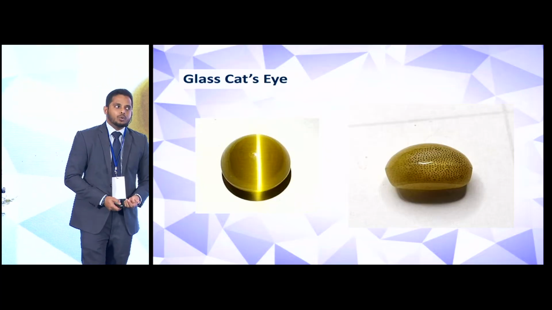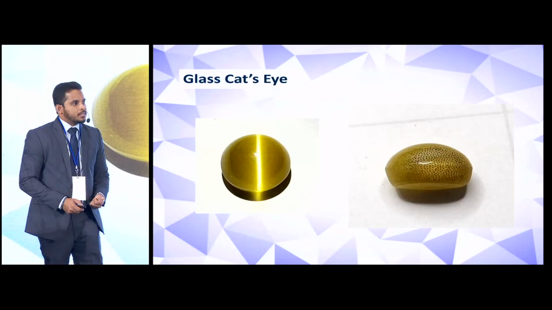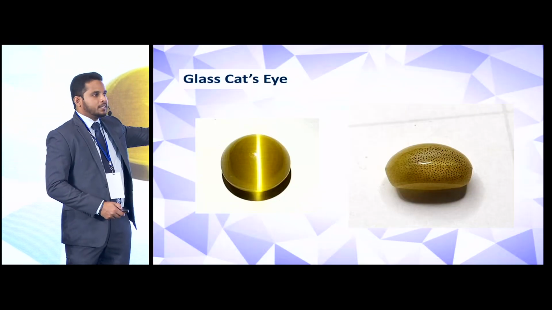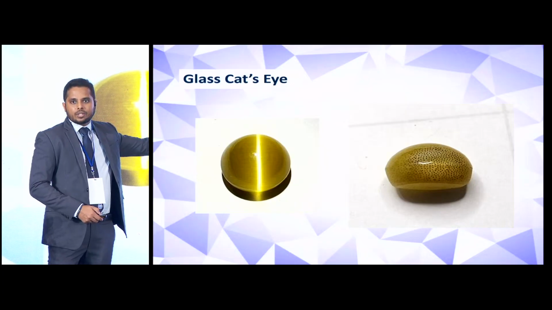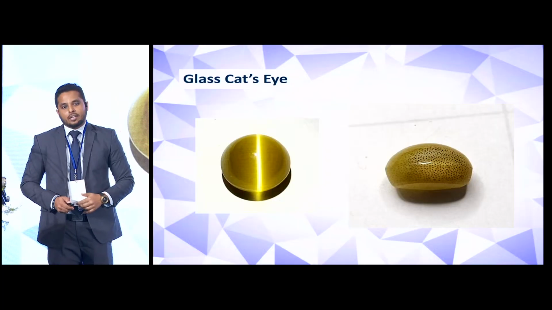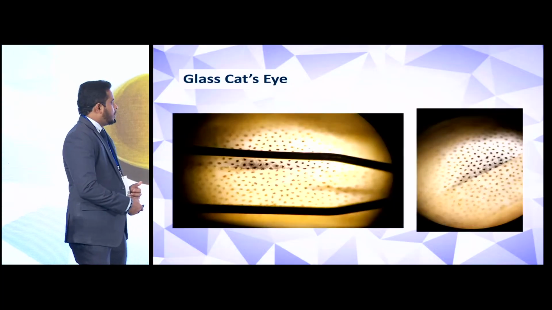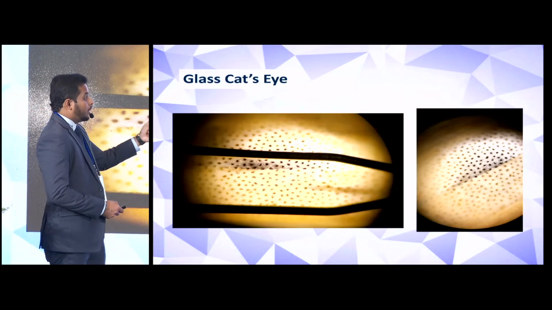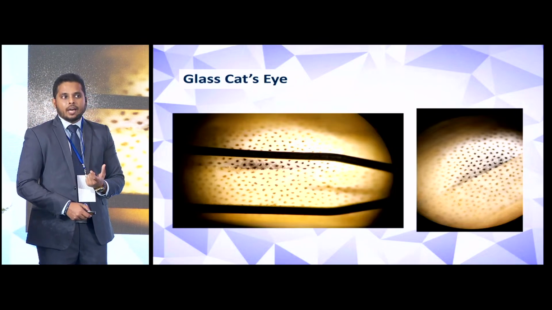They don't know exactly that those are glass cat's eyes. But this is very simple. If they just observe that side, and if they know those features, easily they can differentiate that it's not a natural stone. This is under magnification, but we can see this with the naked eye as well.